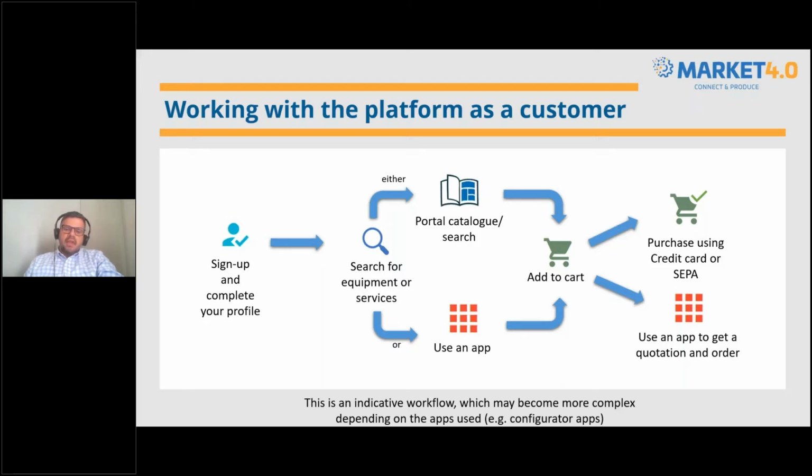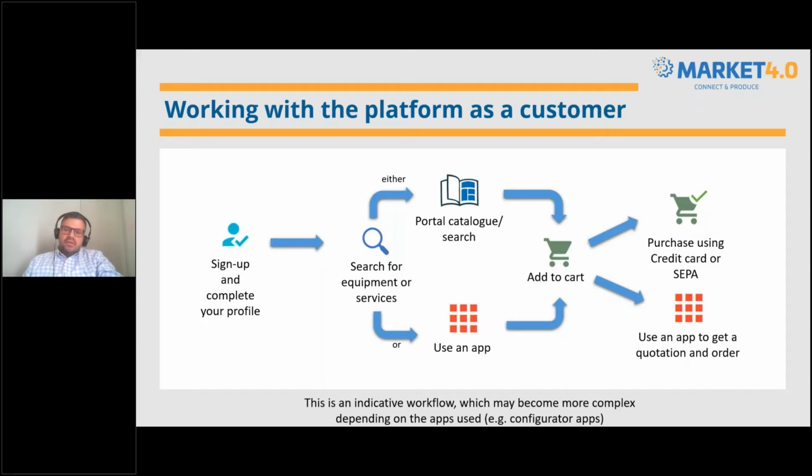And then the next step, as soon as the user has identified the appropriate equipment, is to proceed with the purchasing or quotation workflow. Here we have two different paths. The one is the traditional path where you add your item to your cart and then you go to the payment screen and use your credit card or bank account to make a purchase.